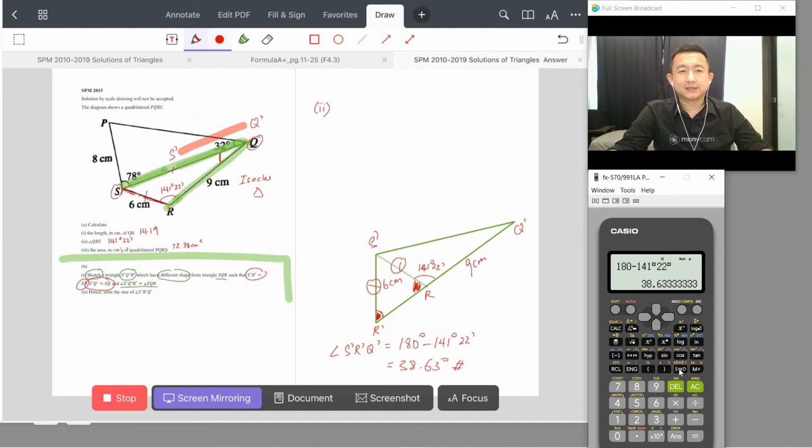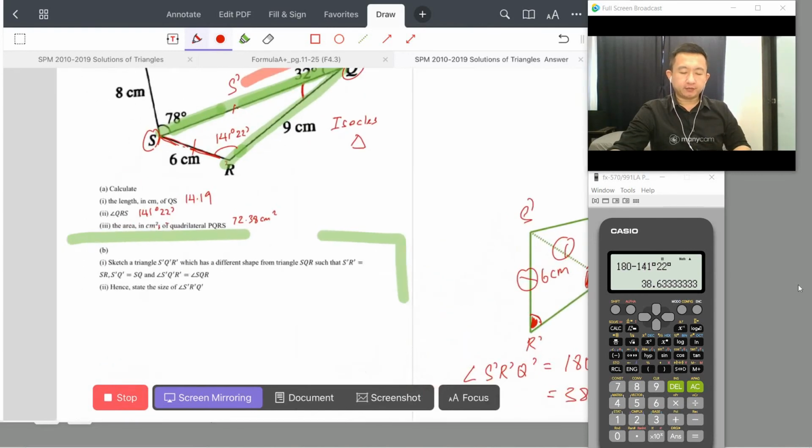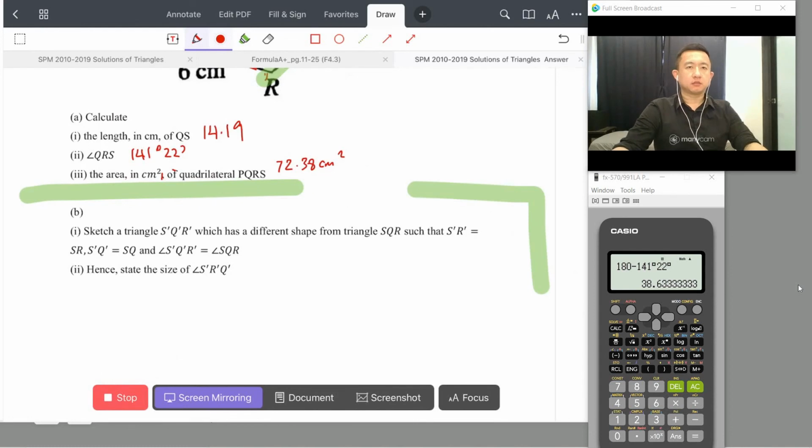Okay, so when you look at the ambiguous case, the way of being asked is different, but you identify several keywords here. 2015 ambiguous case, have a look at the keywords here. The keywords are sketch a triangle S prime, Q prime, R prime, new point, different shapes.